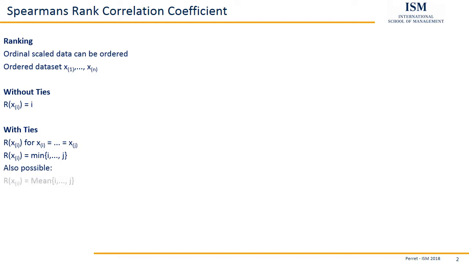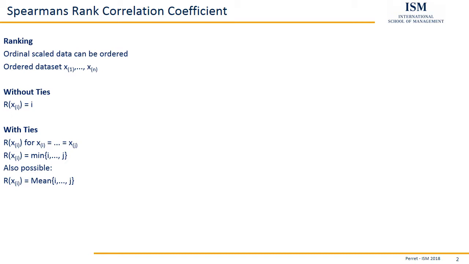Another possibility would be if I take the mean of the different indices, meaning here position 1, 2, and 3 have the same value. So I take the mean of 1, 2, and 3, which would be 2. So they would all be assigned rank 2.